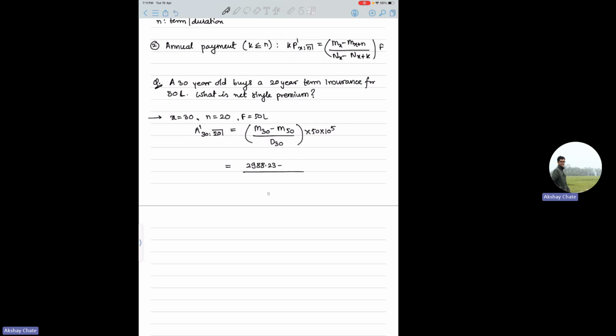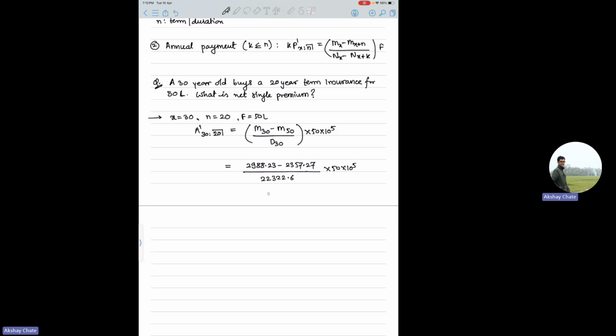Then divided by D30, which is 2322.6. And we need M50 also. M50 is 2357.27, and 50 lakhs is 50 into 10 to the power 5. So what is this number?